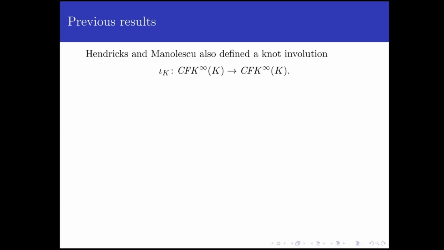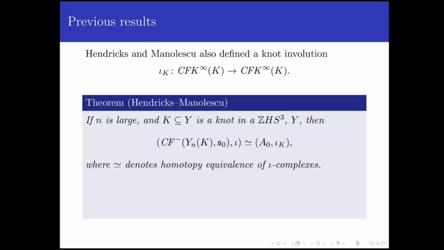Hendricks and Manolescu defined a refinement of their involution, which for knot Floer homology, they defined as a knot involution, iota K, from CFK infinity of K to CFK infinity of K. And they use this to compute the involutive Heegaard Floer homology of large surgeries.